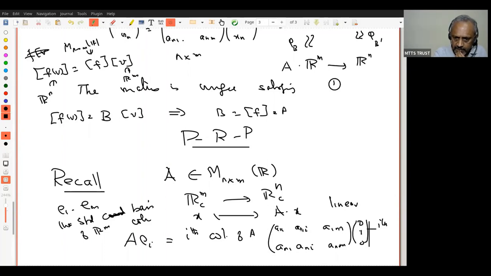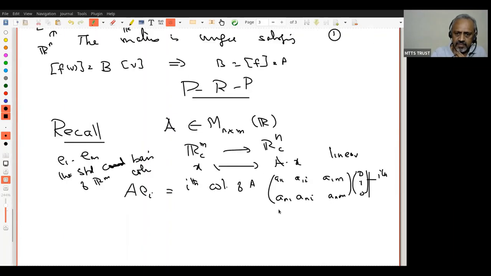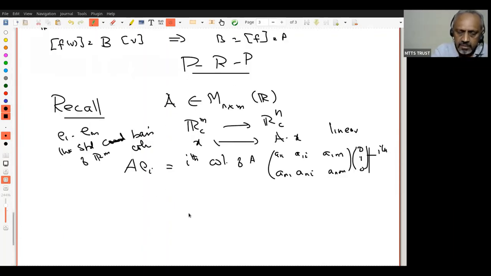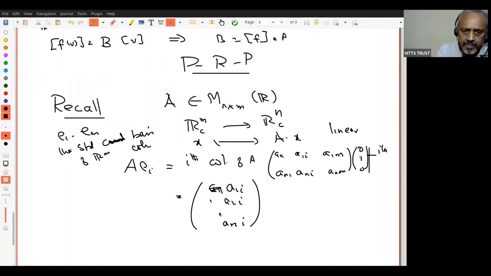When I multiply this, I will pick up only A1i. When I multiply the second one, A2i. When I multiply this with n, I am going to get Ani. You understand? Okay. So this is nothing other than A1i, A2i, Ani. Okay. Right. Keep this in mind.